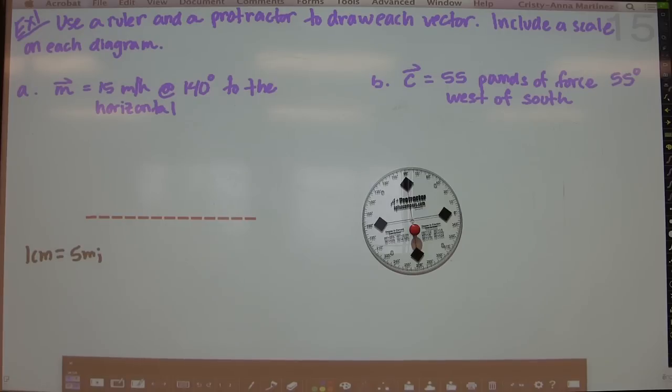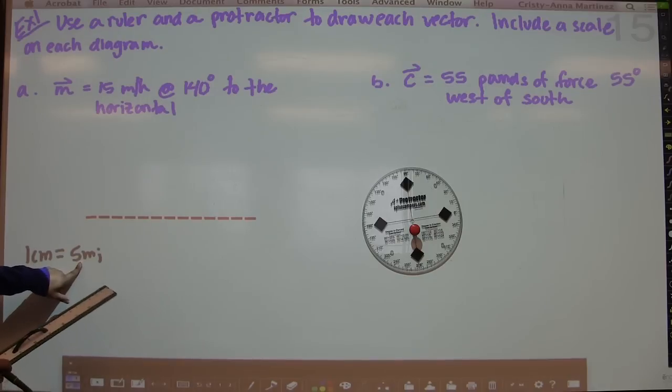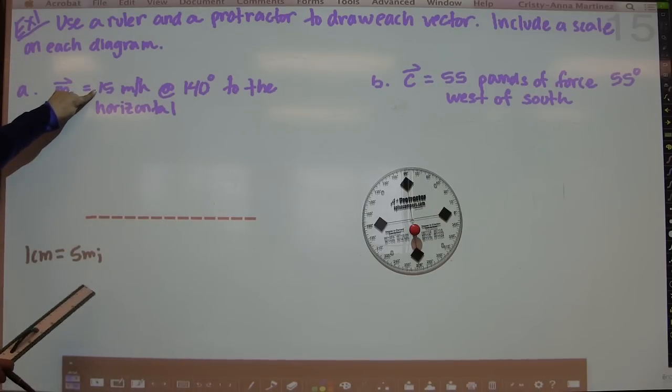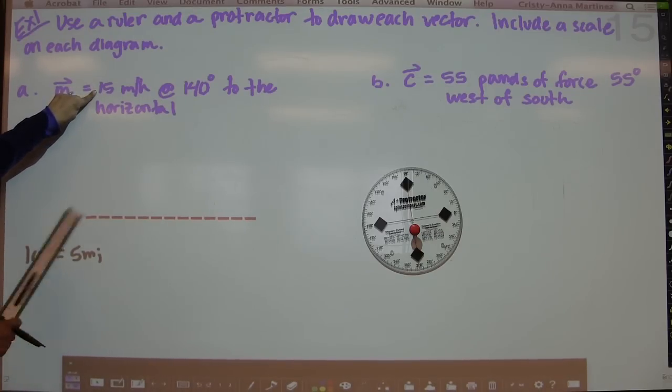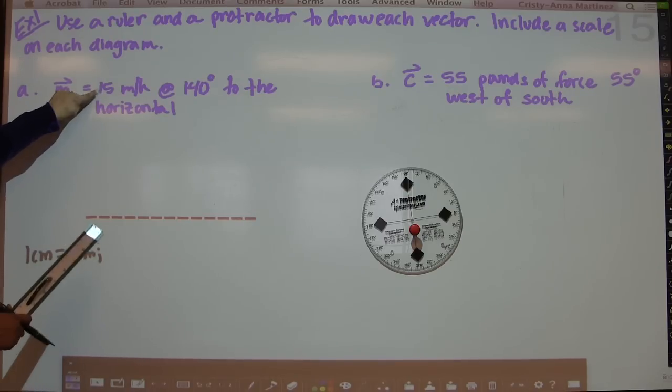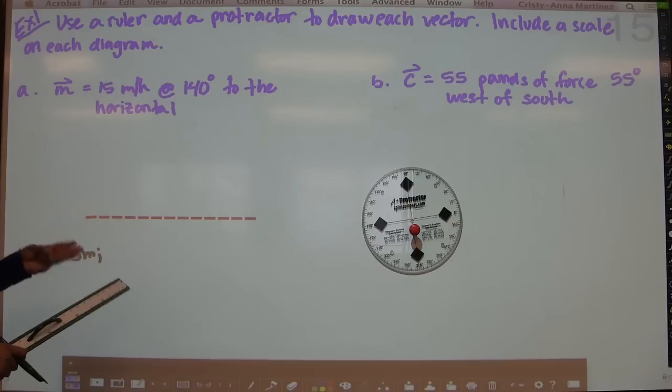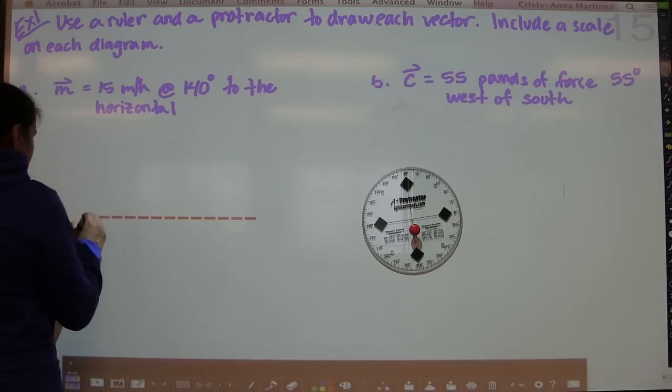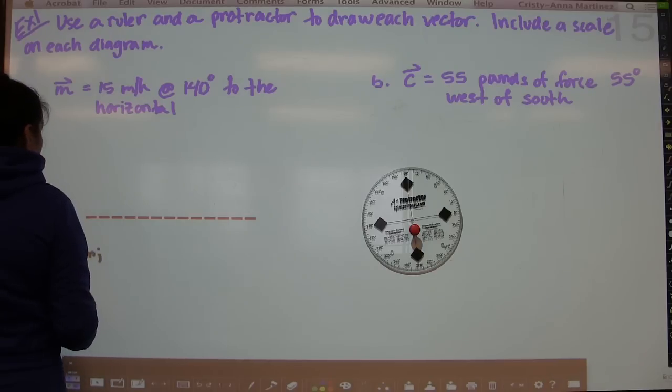That means that I'm going to draw and label a 3 centimeter arrow, because I know that if 1 centimeter equals 5 miles, then for 15 miles, 15 divided by 5 is going to give me 3 centimeters. So I'm going to draw my vector, and it's going to have to be 3 centimeters long.